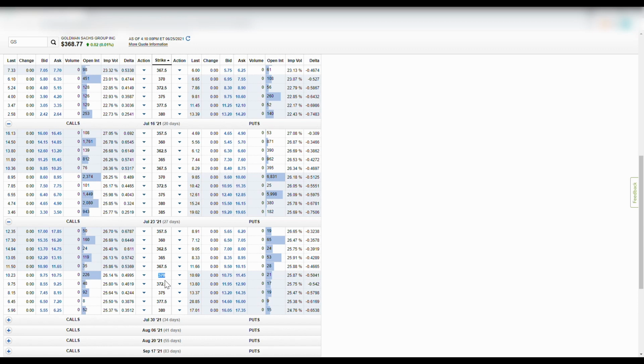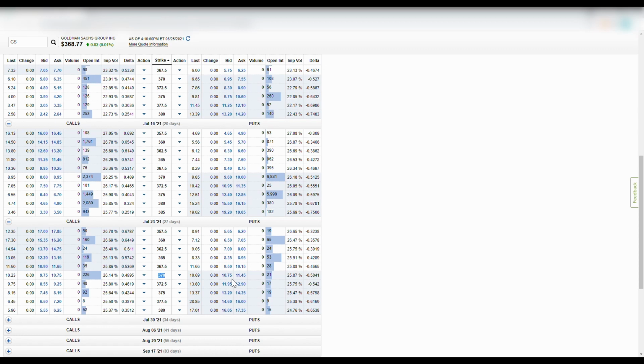The break even for the put option would be $359, or $370 minus the cost of the premium per share, which is $11. If Goldman Sachs dipped below $359 per share, then the put option would swing to a profit and gain $100 for every dollar Goldman Sachs drops below $359 at expiration.